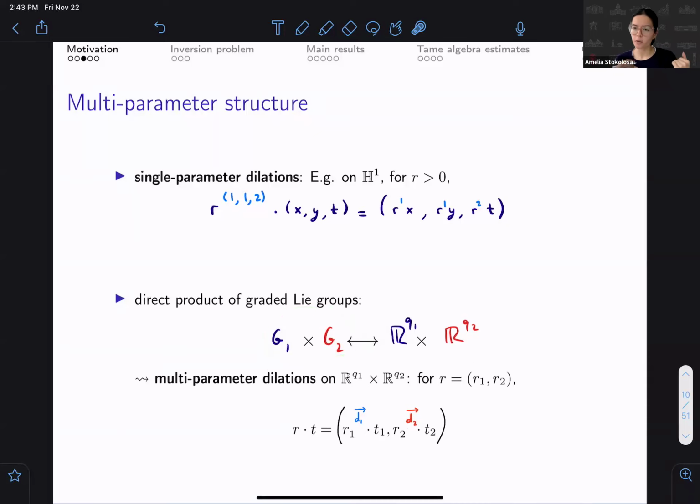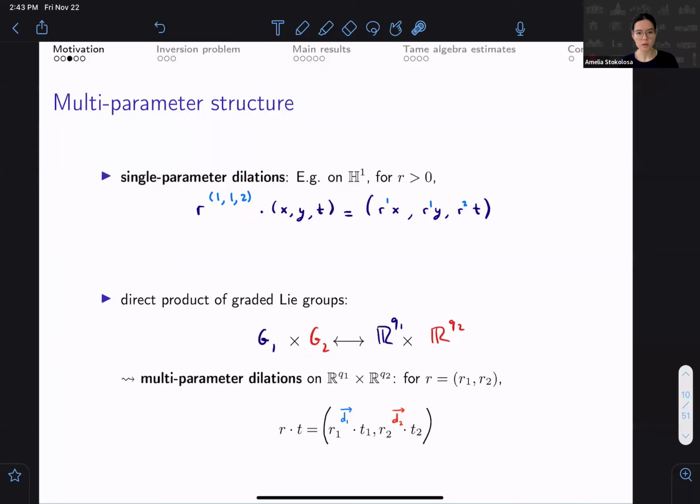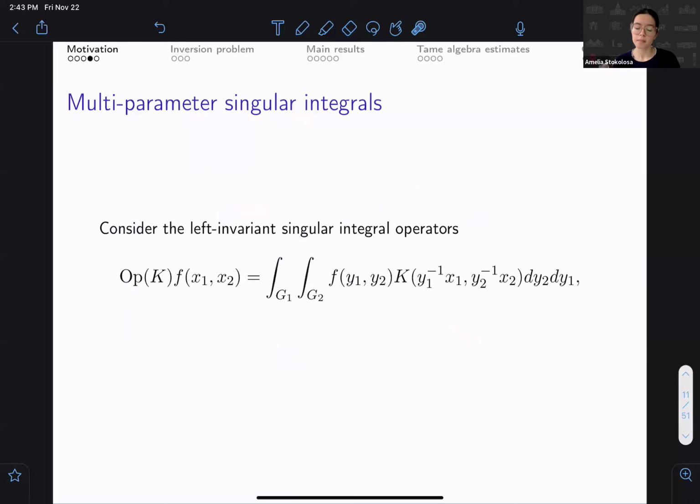On each graded Lie group, you have single parameter dilations, which, as you can see in the Heisenberg group case, are non-isotropic. And with these single parameter dilations, you can define biparameter dilations on the direct product of the two graded Lie groups. So the objects we're interested in are multi-parameter singular integrals.